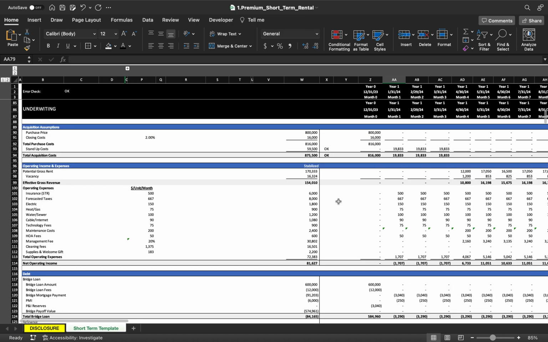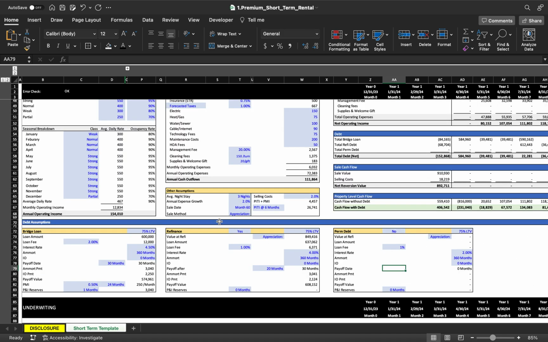But you'll notice in this scenario, sorry, I'm really running suicides on this Excel right now, going back and forth. In this scenario, you'll see we've acquired the asset with 75% loan to value, 2% loan fee at a 4.5% interest rate. We're saying that the loan is amortized over 30 years or 360 months. There's no interest only period. And then we are refinancing in month 30.